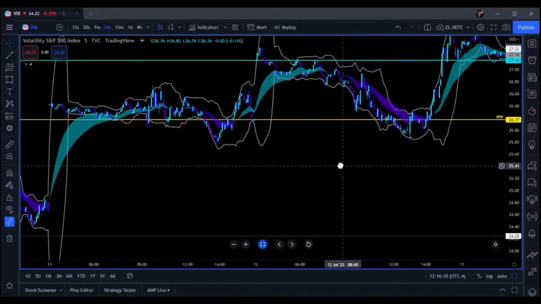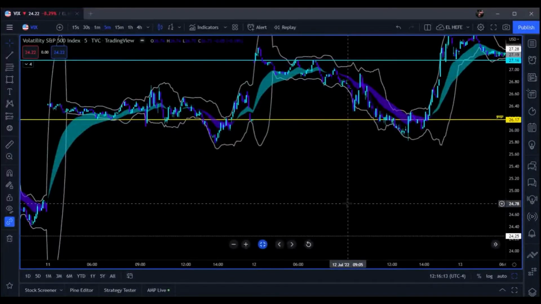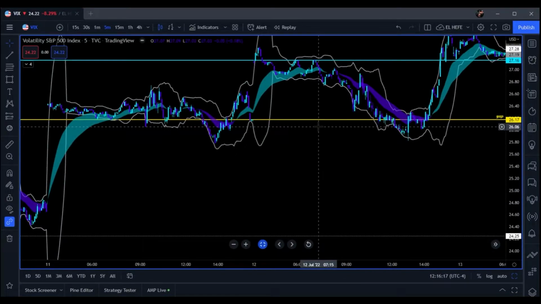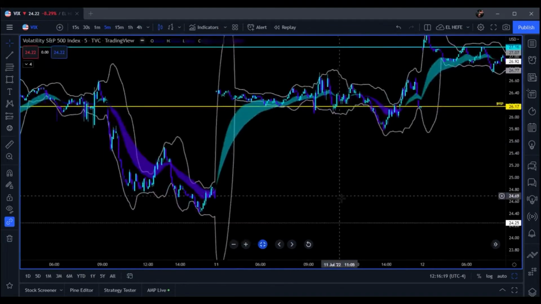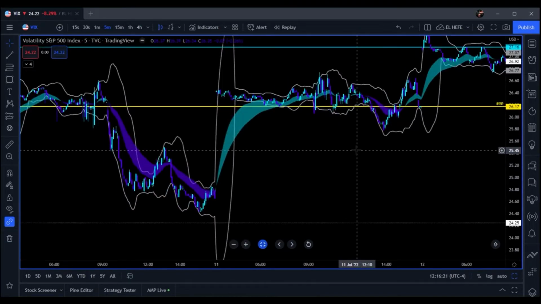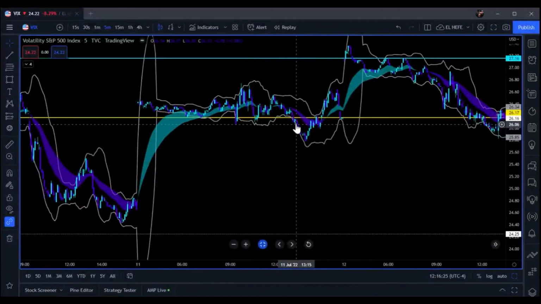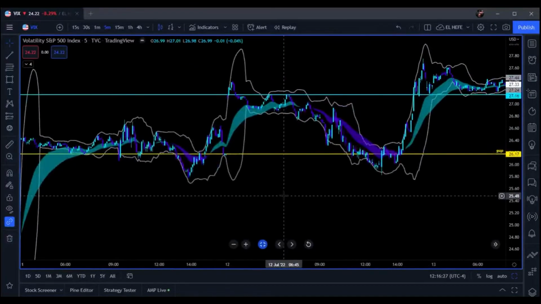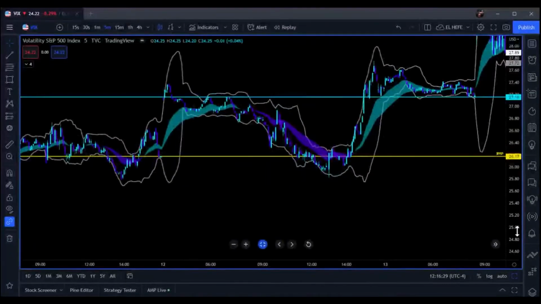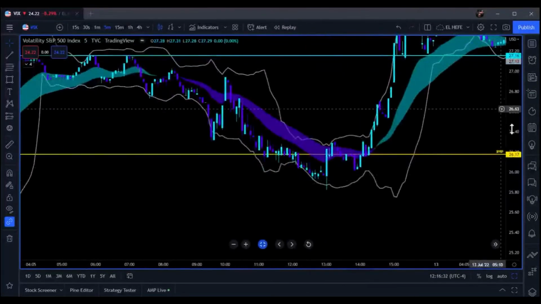Actually, there was a gap down here that would have probably gotten filled. So on a Bollinger Band type deal, I would have had nothing.